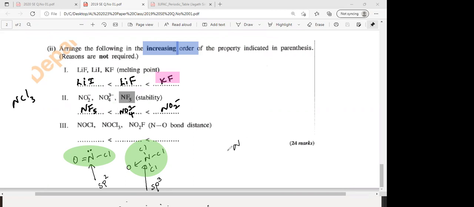Nitrogen becomes the donor atom, oxygen becomes the acceptor atom, so that is also like a dative bond. What is the hybridization here? This will be sp2. Now they are asking which bond angle? NO.